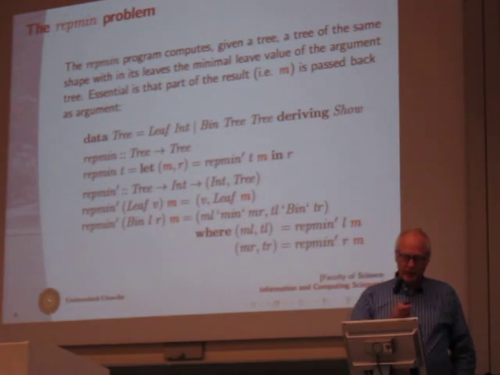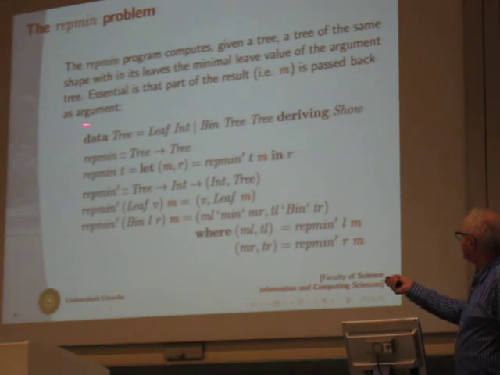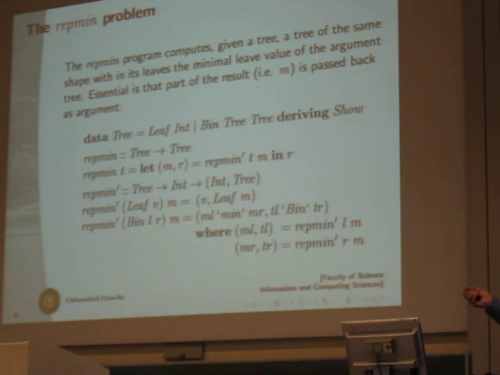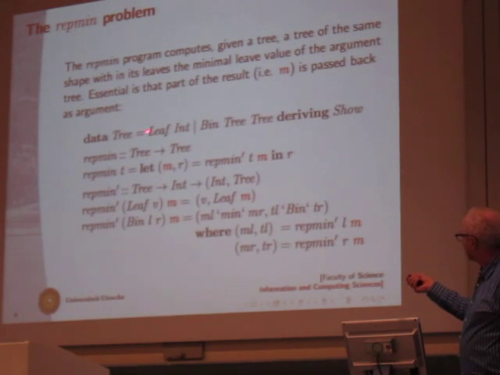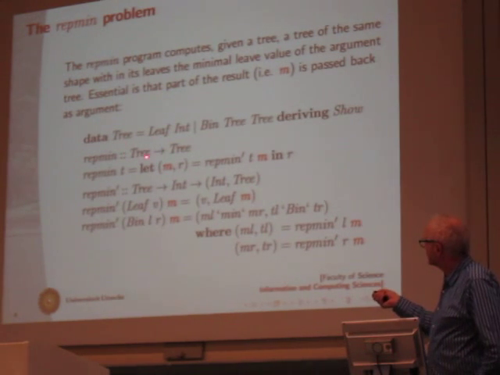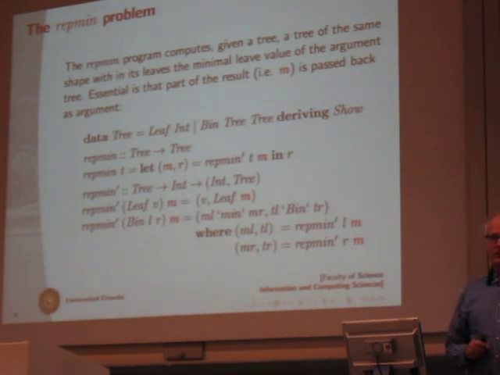So the goal of the RepMin problem is, I have a data type. It's a binary tree, which has integers in the leaves, and I write a function which takes a tree and returns a tree. But the value which is sitting in the leaves of this tree is the minimal value of the leaves in the argument tree.